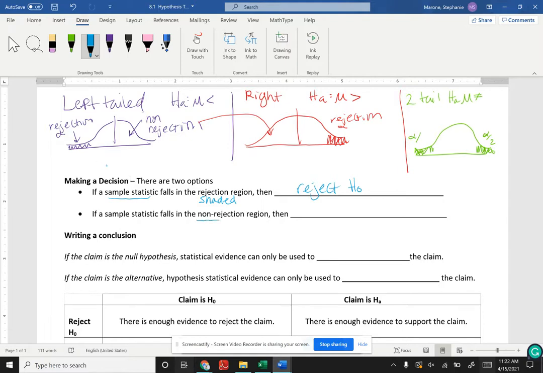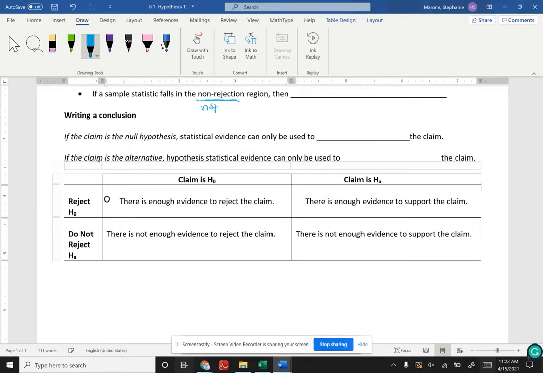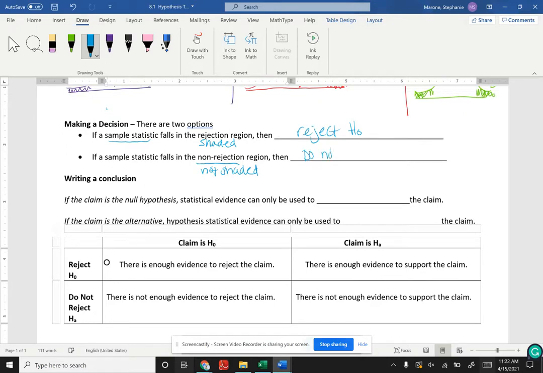If it falls in the non-rejection region, so the not shaded region, we do not reject the null hypothesis. In this decision, it's always talking about the null hypothesis.